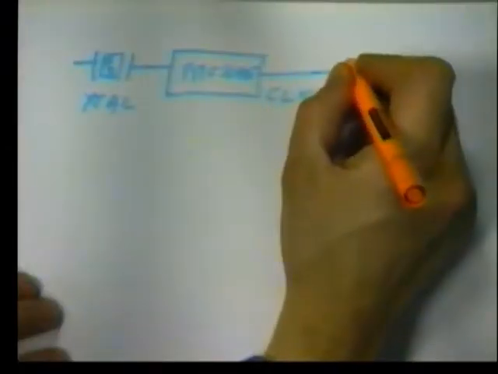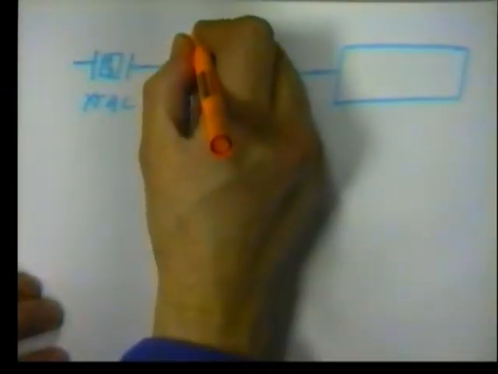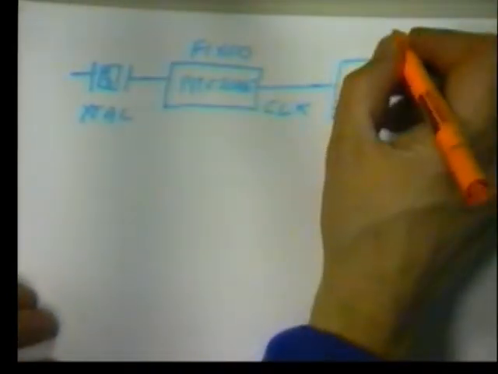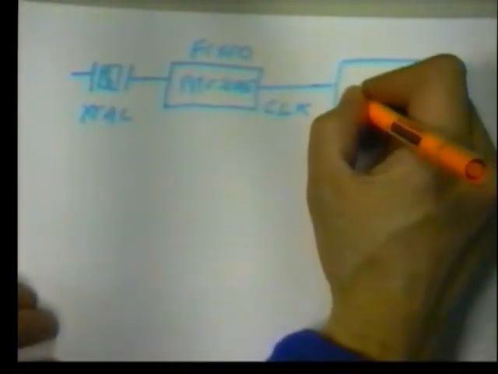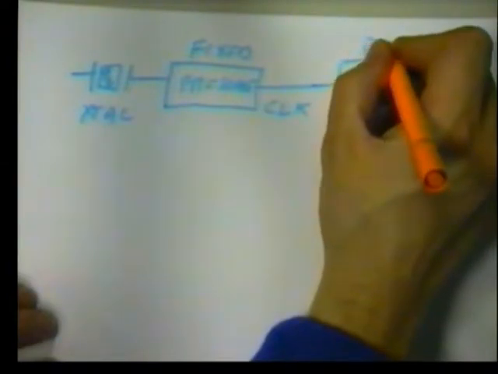Now that is a fixed prescaler, I should say, determined by the processor itself, but then there is also another prescaler that is programmable. So under program control, you can load into this prescaler some other number of your choice.